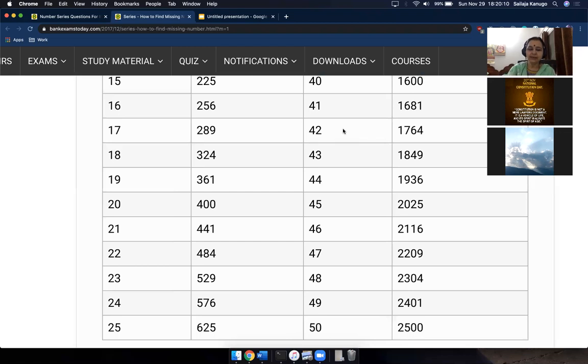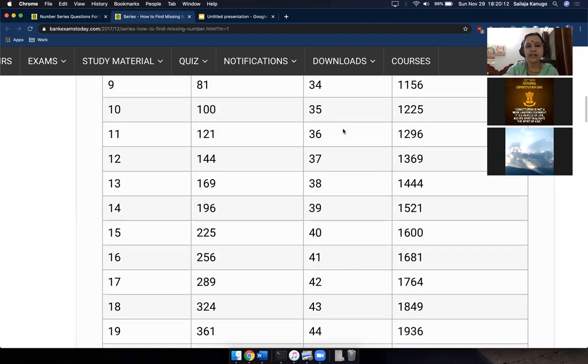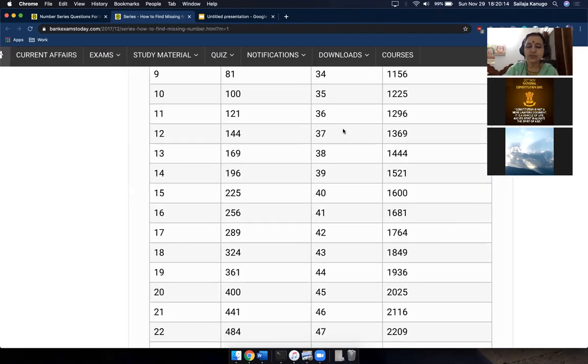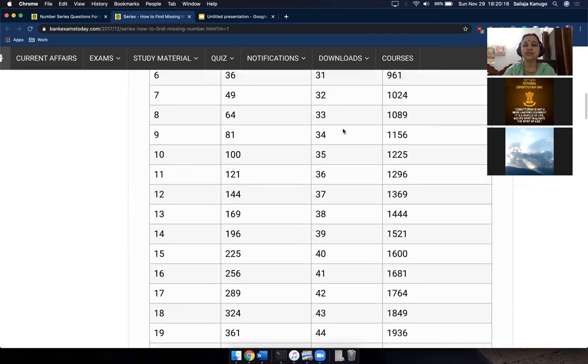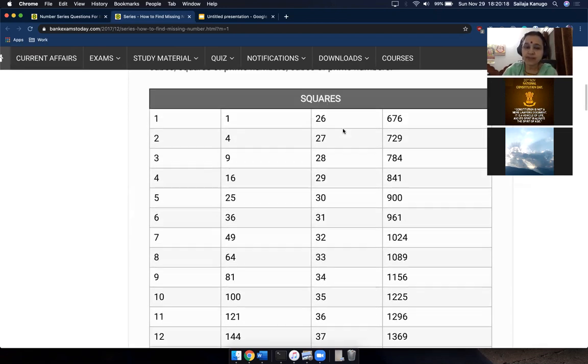So what is the speciality in squares? Can anyone tell? Any particular rules or observations you have learned related to squares? Suppose I have a number ending with 8, like 128.